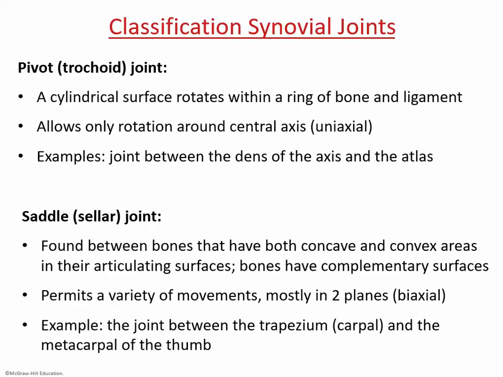And the way that it works is the one bone has a convex surface that fits into the concave surface of the other bone, and that same bone has a concave surface that fits into the convex surface of the other bone. Much the same way as a saddle and a rider are.